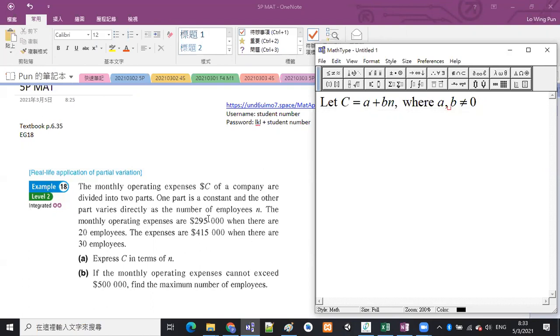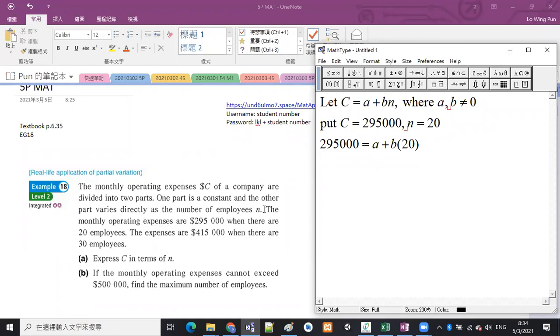So 295,000 means the monthly operating expenses, which will be substituted into C, and the number of employees is N. So we put C equals 295,000 and N equals 20 into our equation. So 295,000 is equal to A plus B times 20.